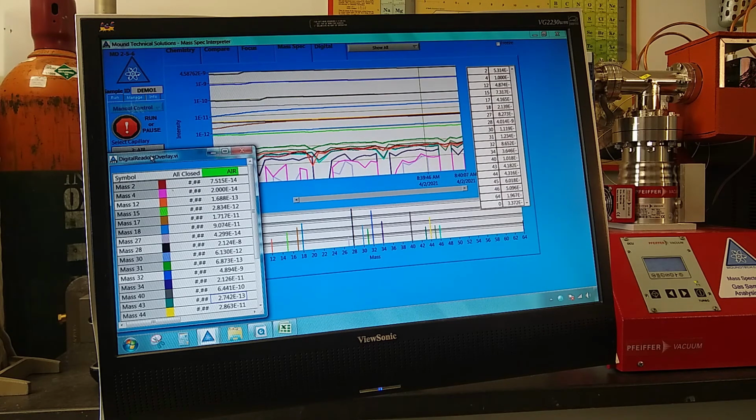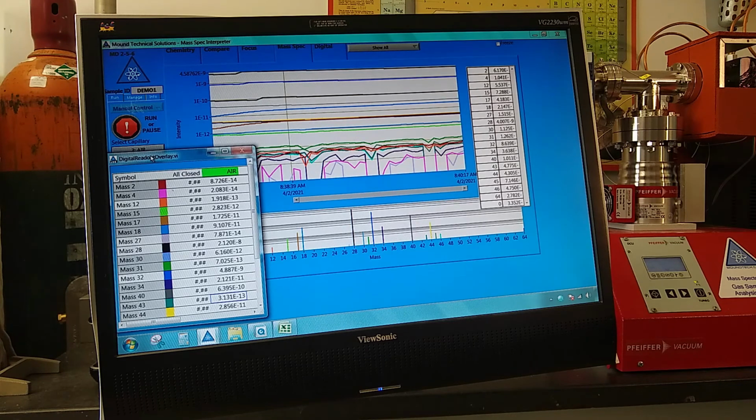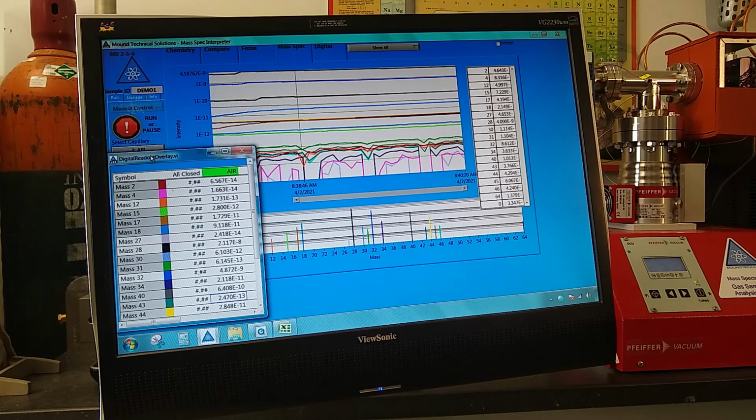Now the water plot will vary as the system samples. It tends to start out pulling any moisture that's already in the capillary and in the sample chamber out of the system, so we'll see that dry over time.